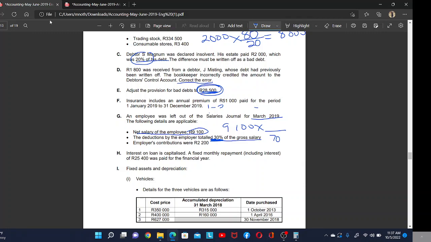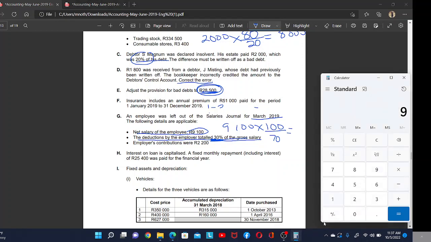Remember, I said below you put what you have. Now, what we are looking for here is the gross salary. So obviously the gross salary is 100%.